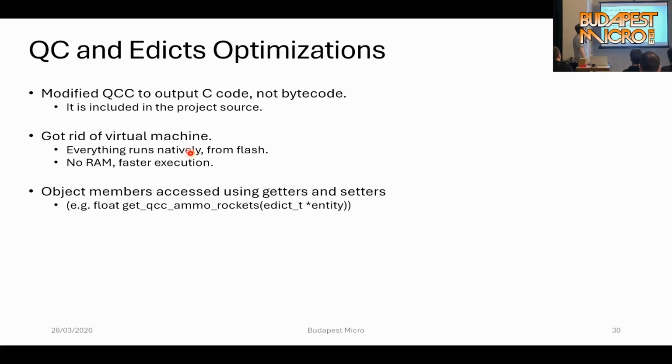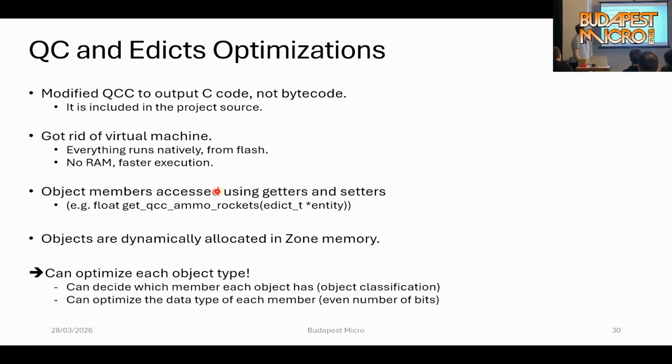And now I modified the code so that object members are accessed not directly but using getters and setters. And also objects are dynamically allocated in the zone memory. In this way, I can optimize each object type.